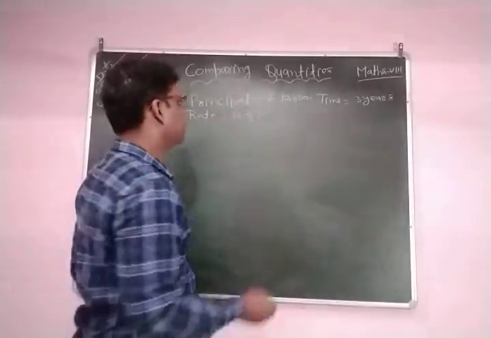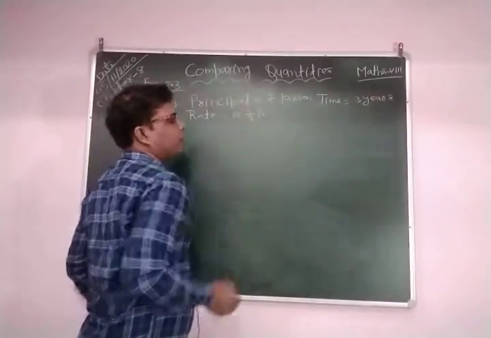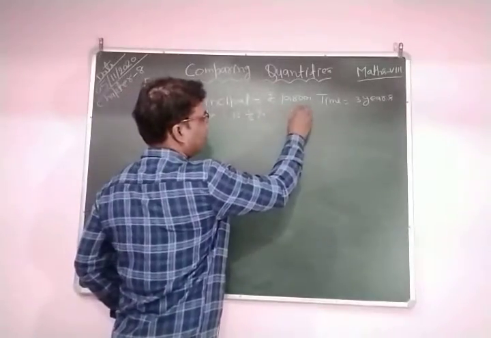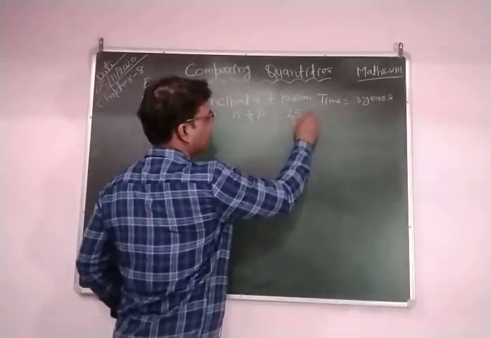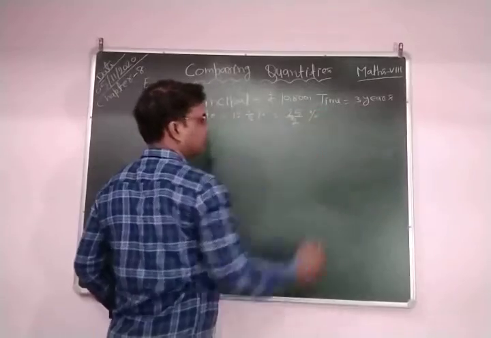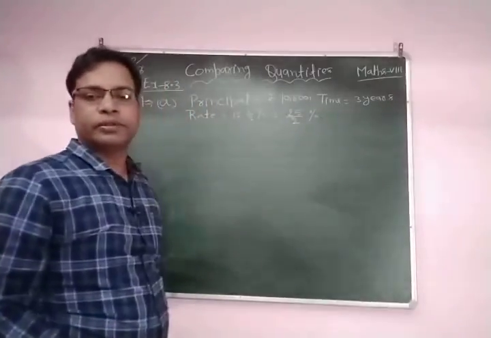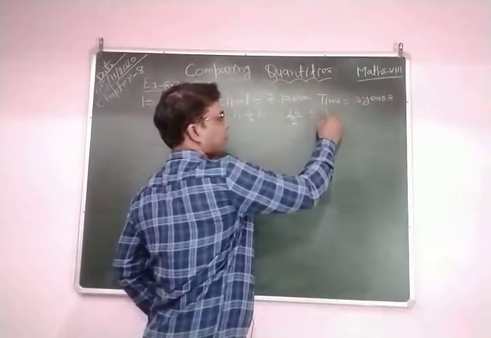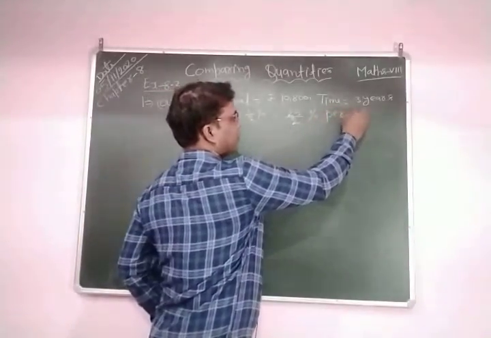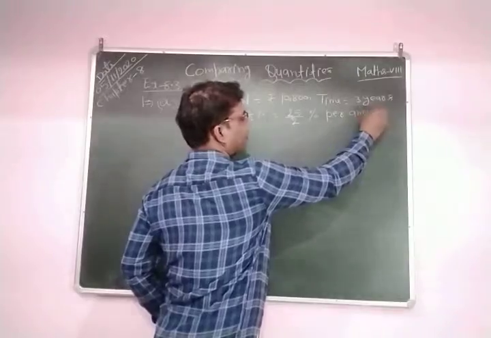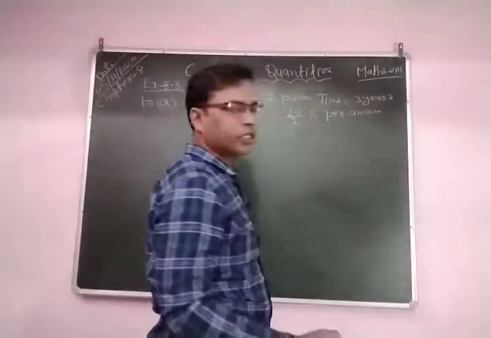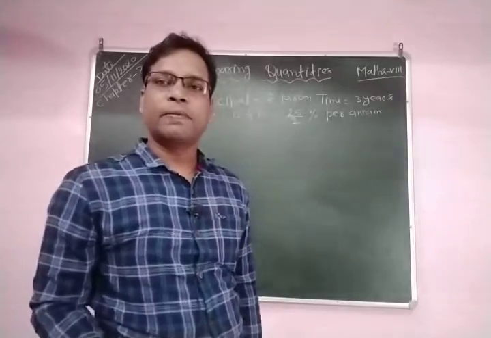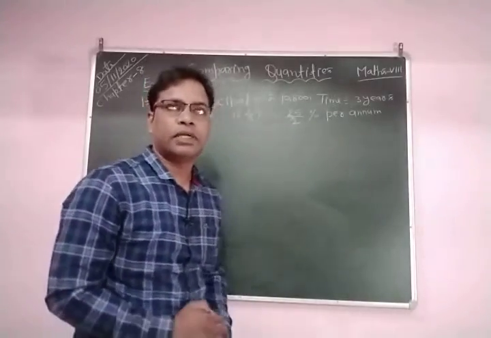You can also write it as 12 plus 1 by 2, that is 25 by 2 percent per annum. This is given per annum. Clear? So first we find the amount. What is the formula to find amount?